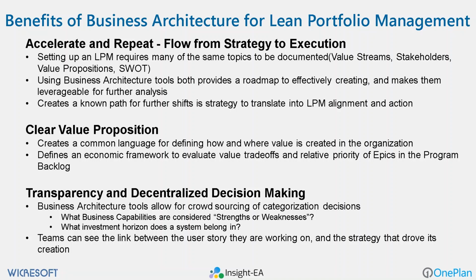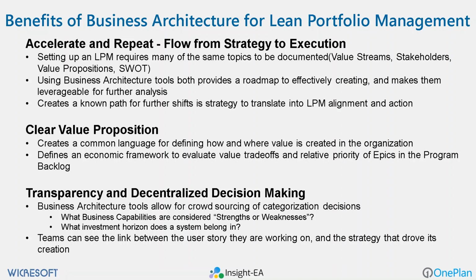It gives you that path and that roadmap of following changes in strategy through to the portfolio of action that needs to happen and be aligned inside of your lean portfolio management. So using those tools and best practices helps you to accelerate getting there, but also it makes it repetitive so that you have that known path that you can follow each time you have a shift in strategy or a shift in market, a shift in situation.